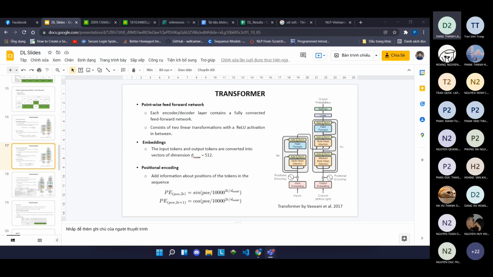Let me say, the position of the individual dimensions of each of the embedding. So you want to ask why there is the 2i plus 1 in the formula, right? Yes.